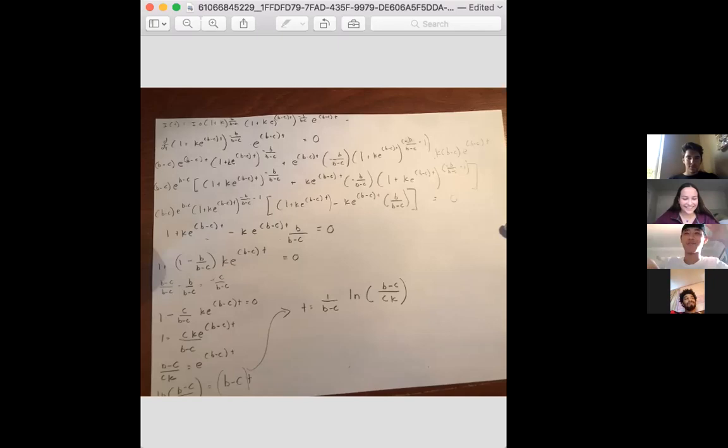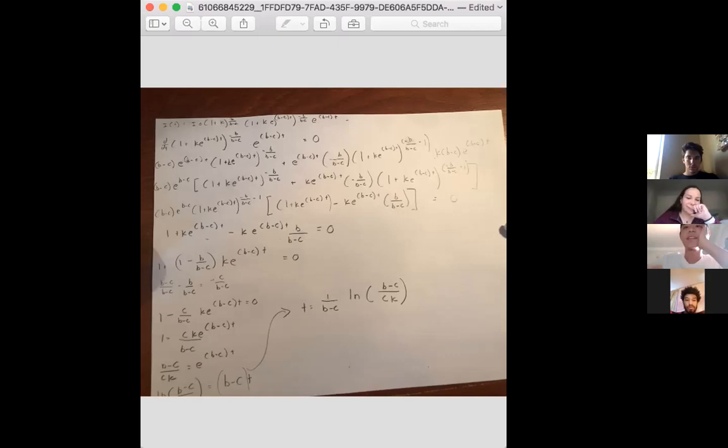So by the zero product property, it's equal to 0, and if you set this one equal to 0, you have that, and then you simplify and do the subtraction by this. There's this coefficient in front, so basically 1 minus b over b minus c in terms of b minus c over b minus c, which is just negative c over b minus c.